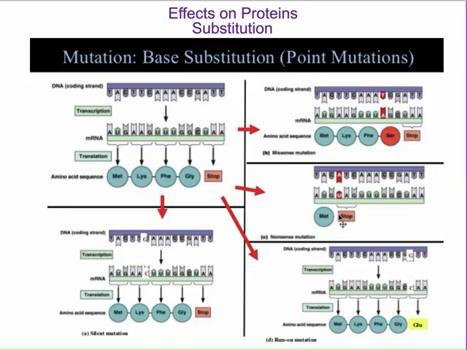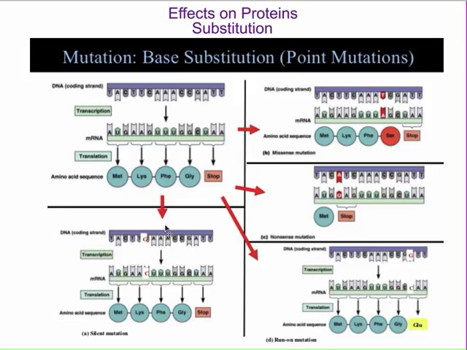That's called a nonsense mutation. Another thing that can happen is where there was supposed to be a stop codon, it now changes to something that codes for an amino acid, and the protein ends up becoming longer than it's supposed to be. That is a run-on mutation.